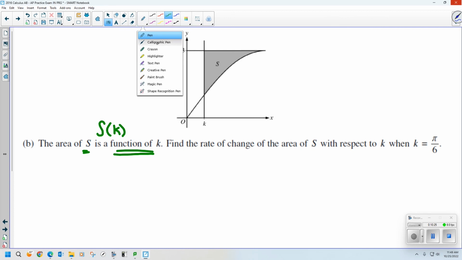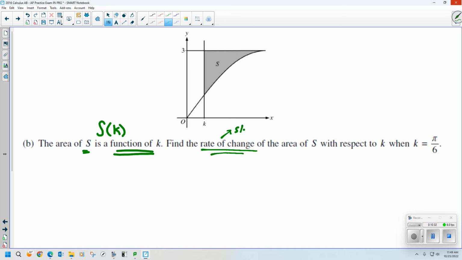So let's just start with that. Find the rate of change. Rate of change is slope, which we like to call derivative. Okay? So we're going to find the derivative of the area of S with respect to K, which means I'm going to have a K in there, and then I want to find it when K is pi over 6.